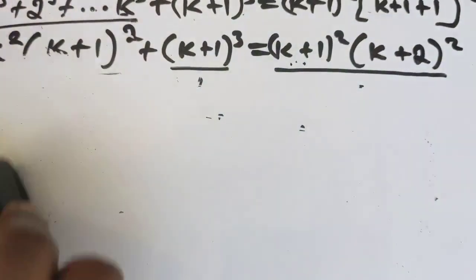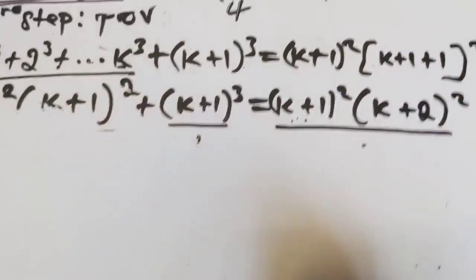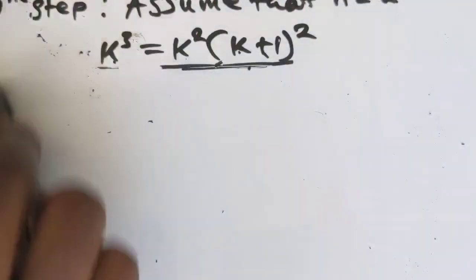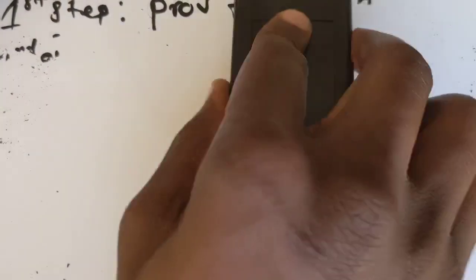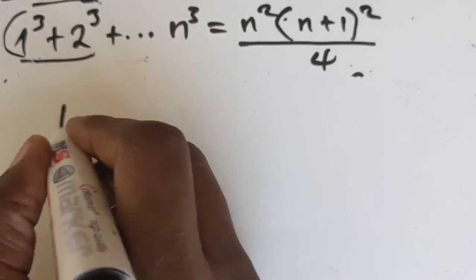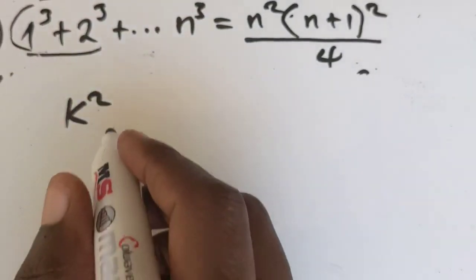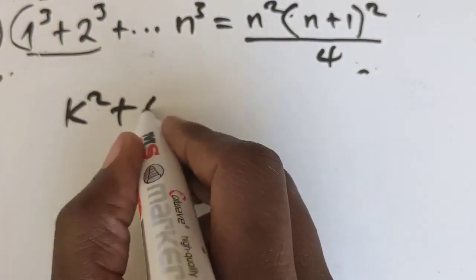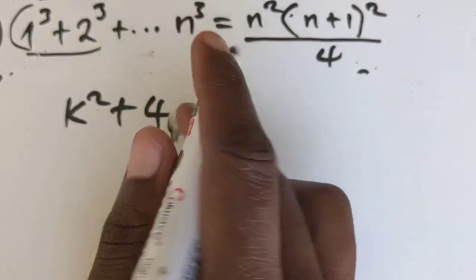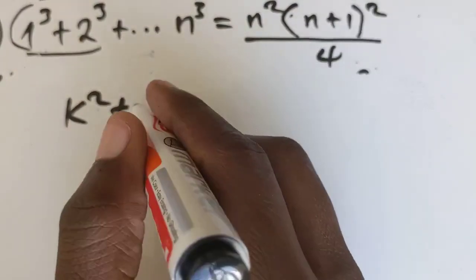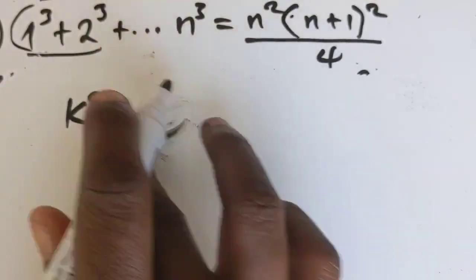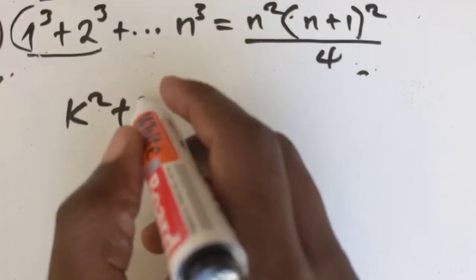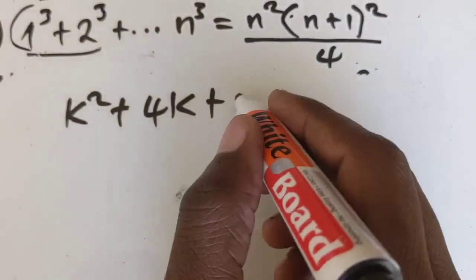I'm just trying to create space here, okay. So we said that the quadratic equation was k to the power 2 plus 4k plus 4.